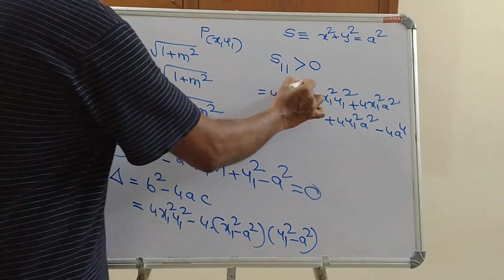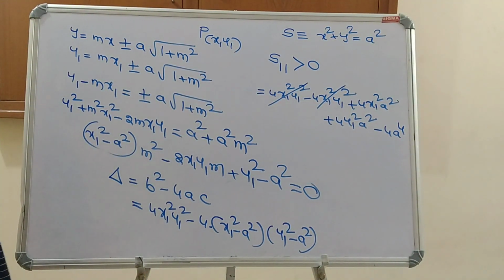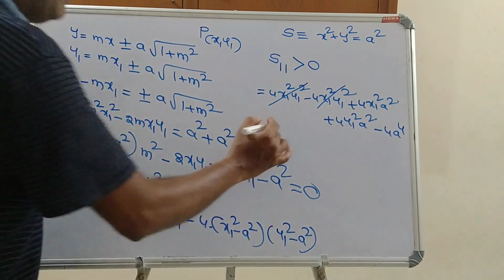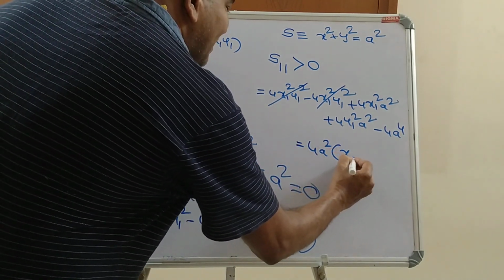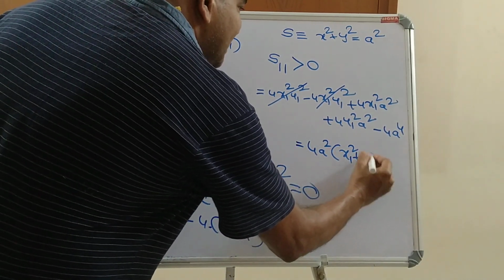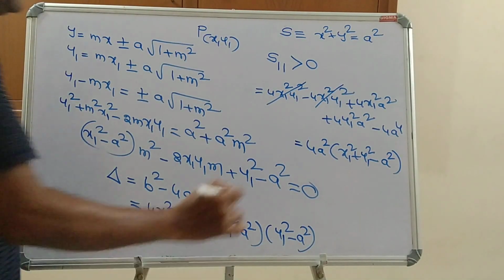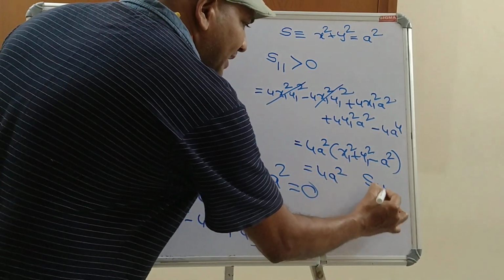Now 4x1 square y1 square gets cancelled. Now take 4a square common. That means 4a square into (x1 square plus y1 square minus a square). That equals 4a square into S11.